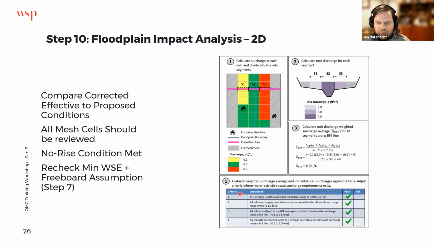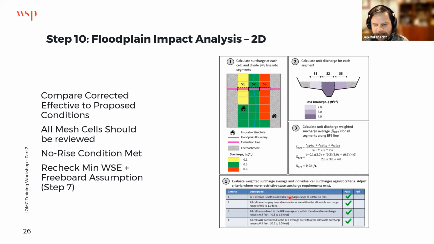And then you have 4 criteria that you need to meet after you do these calculations. I don't like that this is listed as 4, because really it's only 3. So the average across each of these BFE lines needs to be within the allowable surcharge range.